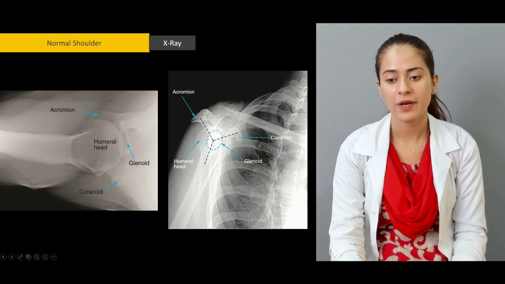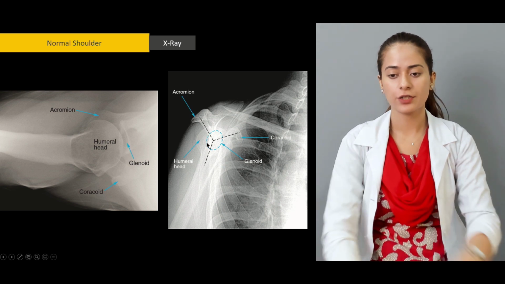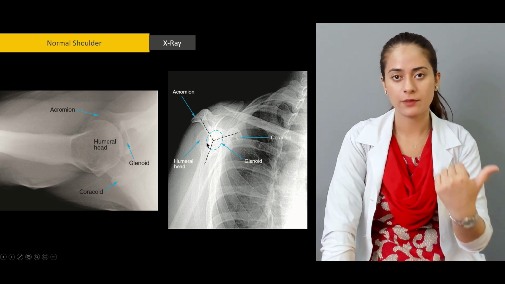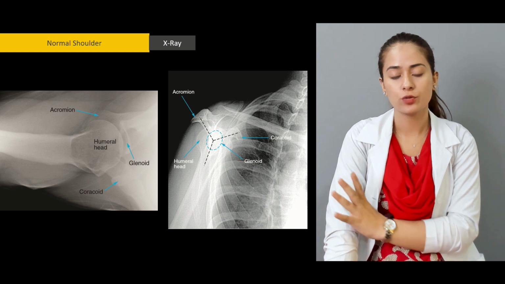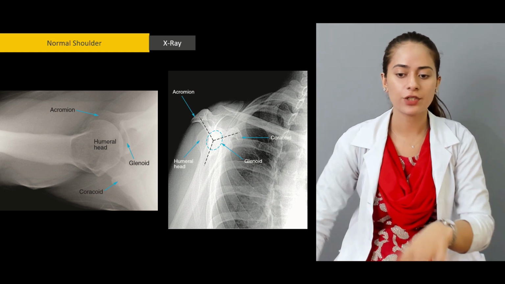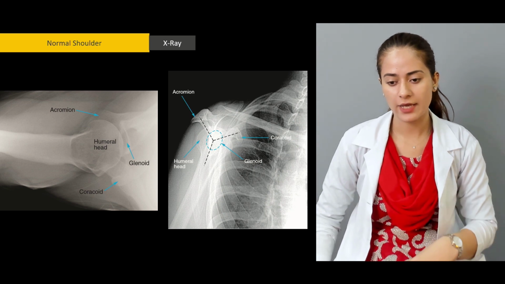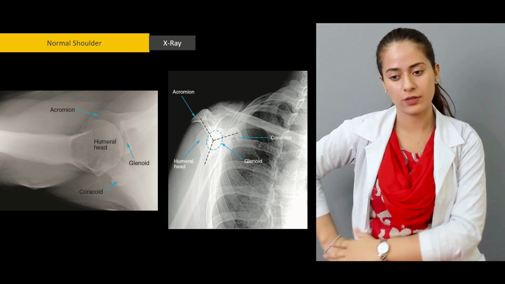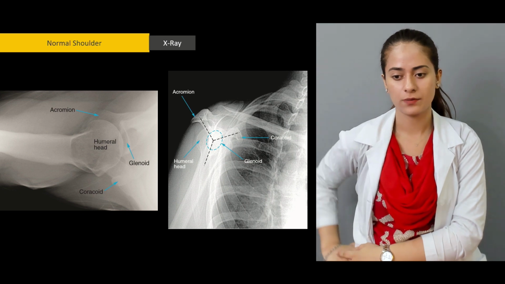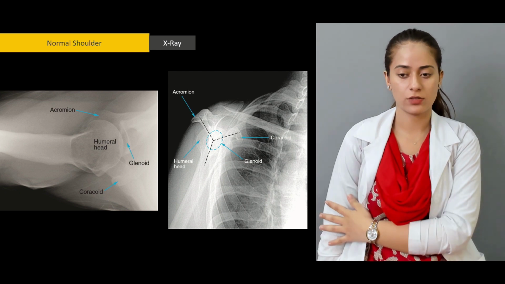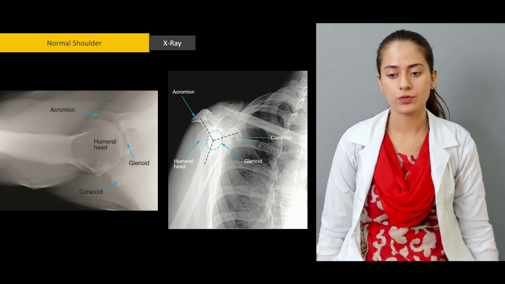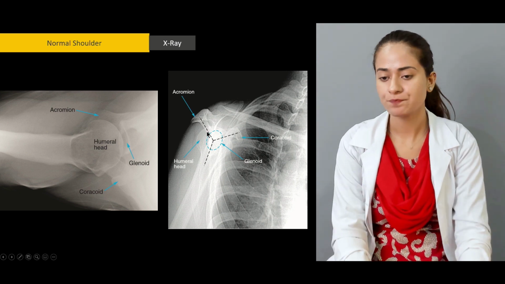Before, the humerus was internally rotated. Here the X-ray view suggests that the hand is placed on the hip like this, or maybe just normally placed, not internally rotated.